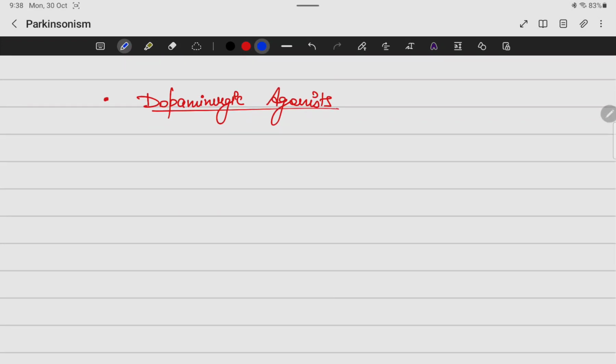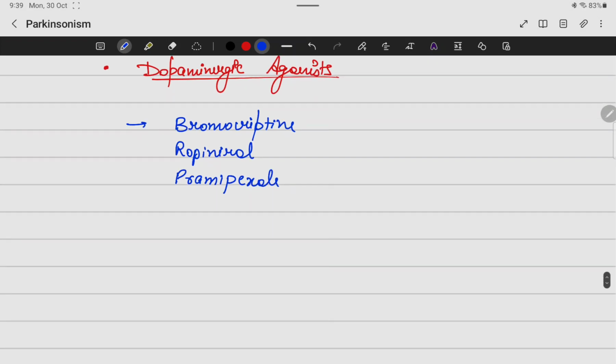These include bromocriptine, ropinirole, and your pramipexole. Okay, so these are dopaminergic agonists.